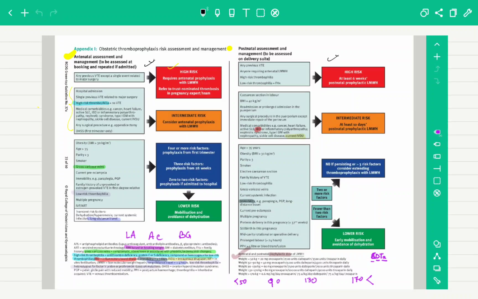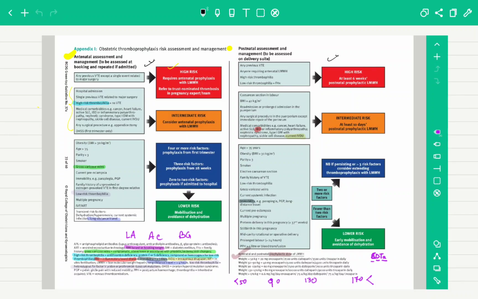That is, if there was only one VTE following a major surgery, a single episode which was very much provoked, that can be given a little bit of benefit and falls into the intermediate category. Otherwise, all previous histories of VTE will fall into the high risk category. In which category how much to give, we'll talk later. Now we'll only categorize and remember what falls under which category.